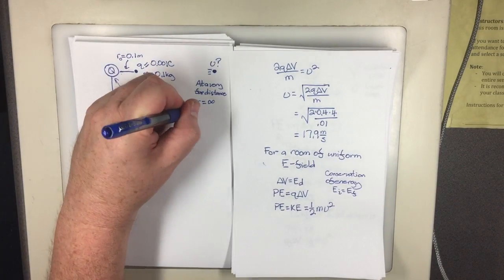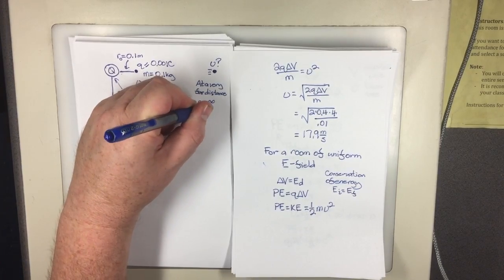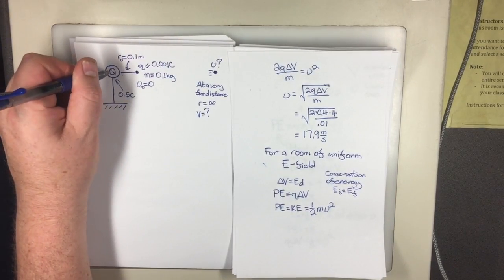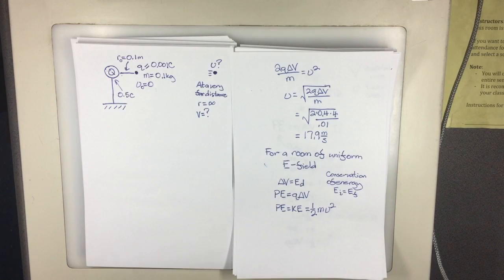So what is the potential due to that point charge here at a very far distance? What's the potential for a point charge? KQ over R. What happens when R is infinity? V becomes what? Zero. Because 1 over infinity is effectively 0.